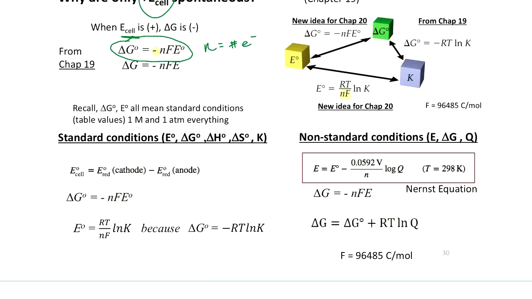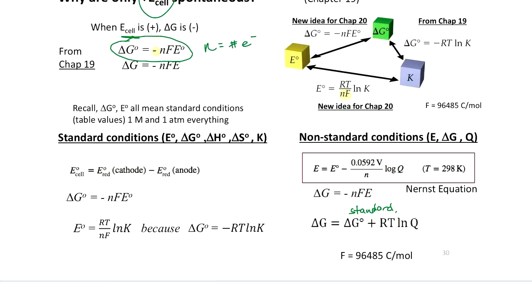So just like in chapter 19, we could calculate delta G at standard conditions. This was delta G naught, that was at standard conditions. That's when you used the textbook table values and just did products minus reactants.